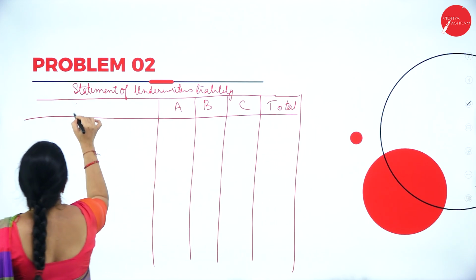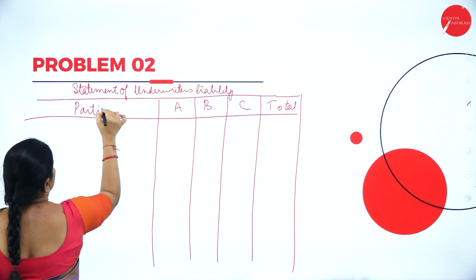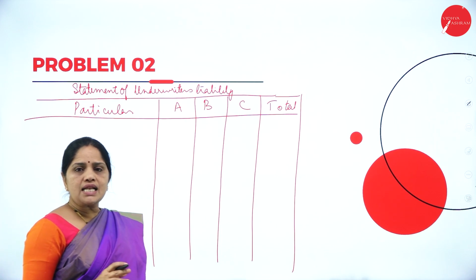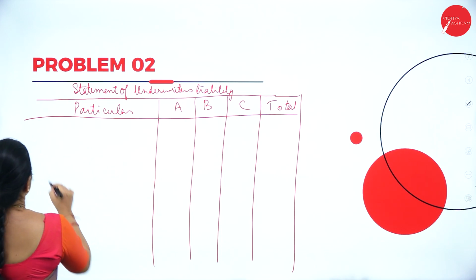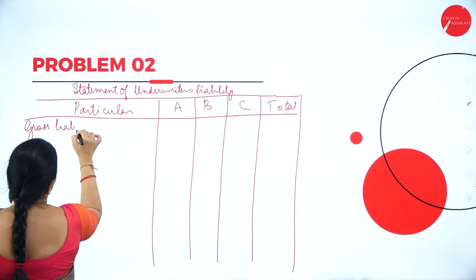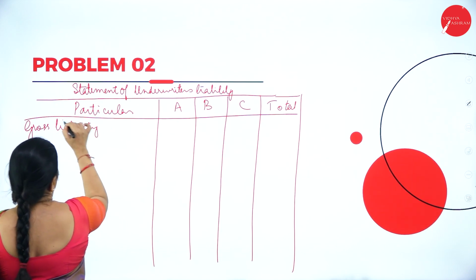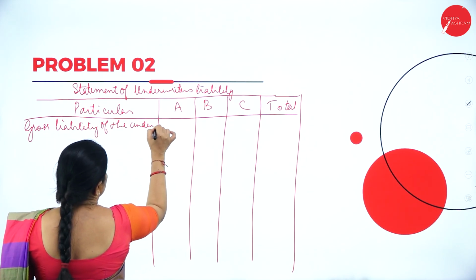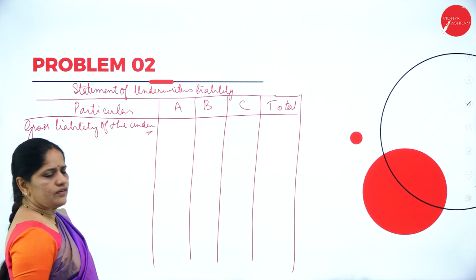Then we have particulars. Now, the first entry will always be gross liability of the underwriters. So I write gross liability of the underwriters.